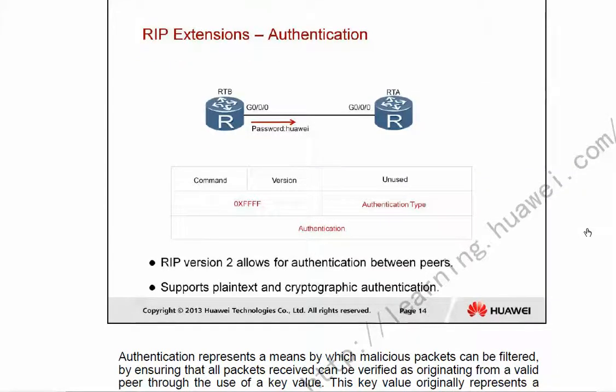For RIP extensions, authentication. The authentication configured between peers must match before a RIP message can be successfully processed. Version 2 originally supported only simple plain text authentication, but this has a security issue since the authentication string could easily be captured.